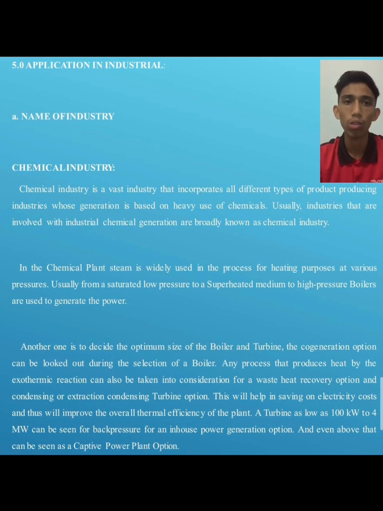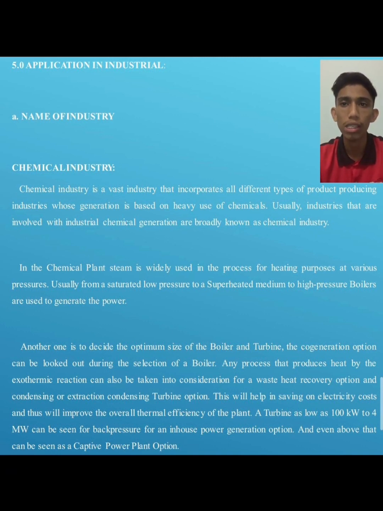Another consideration is to decide the optimal size of the boiler and turbine. The configuration of the plant can be looked at during the selection of a boiler. Any process that produces heat by an exothermic reaction can also be taken into consideration for a waste heat recovery option and a condensing or extraction condensing turbine option.